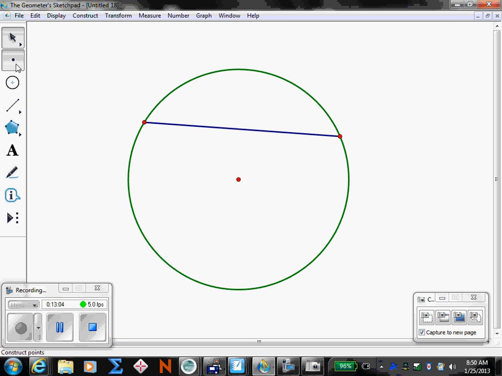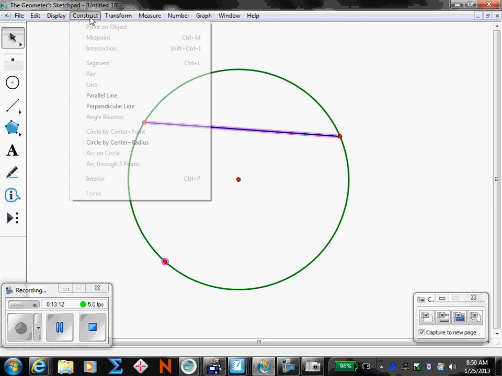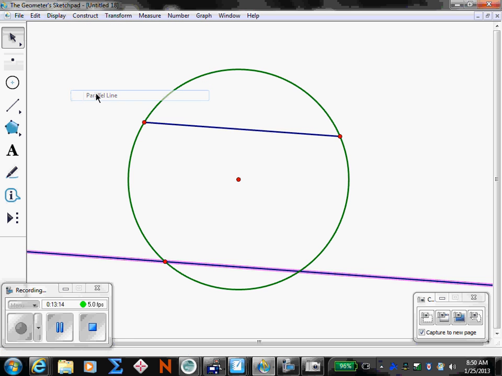I'm going to put another point down here, and now what I want to do is construct a line parallel to that line. So I want to find the fourth point there that hits the circle.